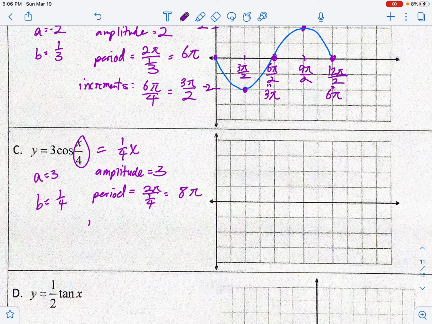Right? Increments by dividing my period by 4. And I should get 2 pi.